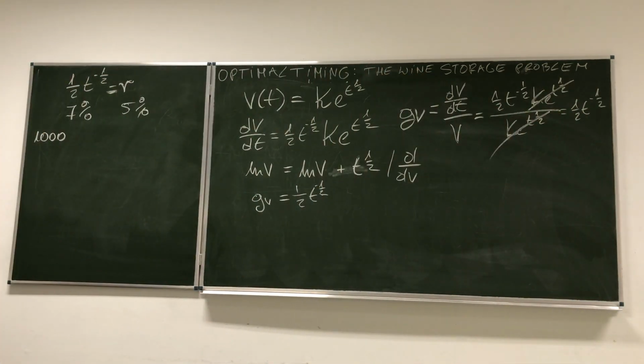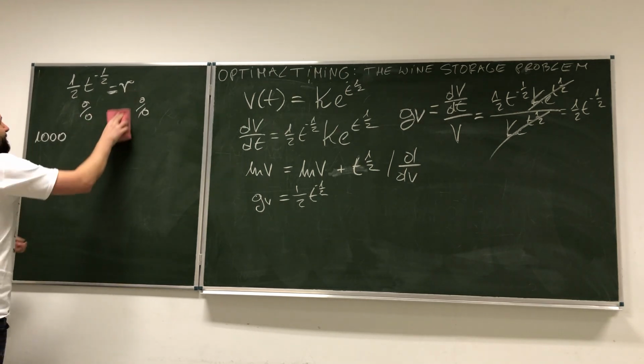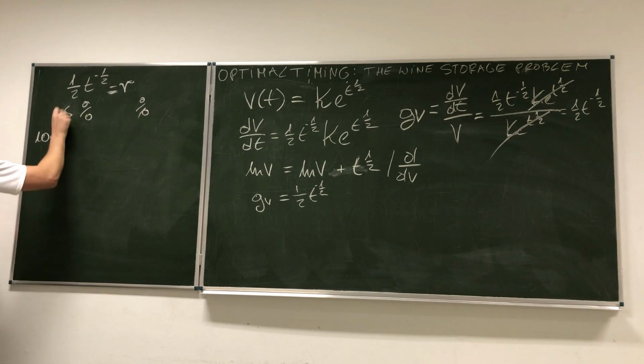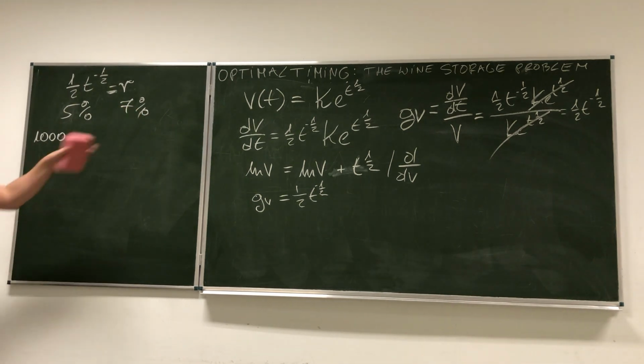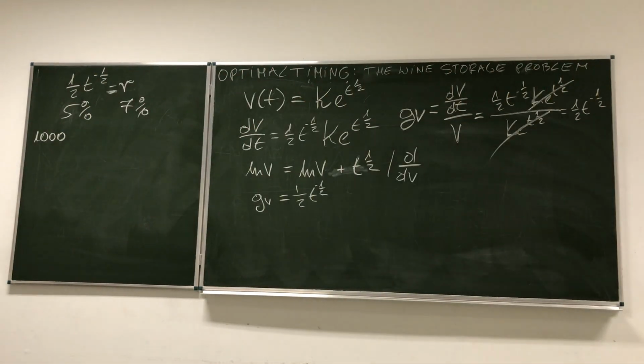But of course now, if this situation were reversed. If the interest rate in a bank is 7%, it means that if you sell the wine today and put the money into a bank, you will have $70 more.